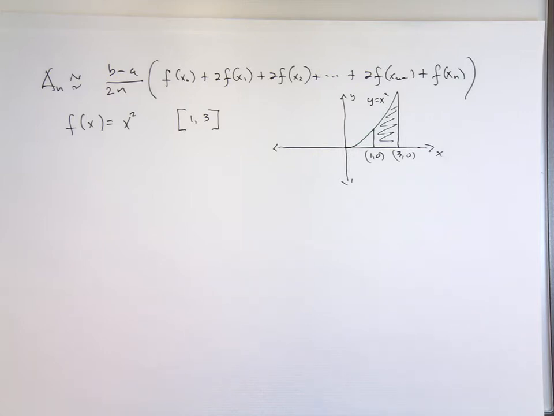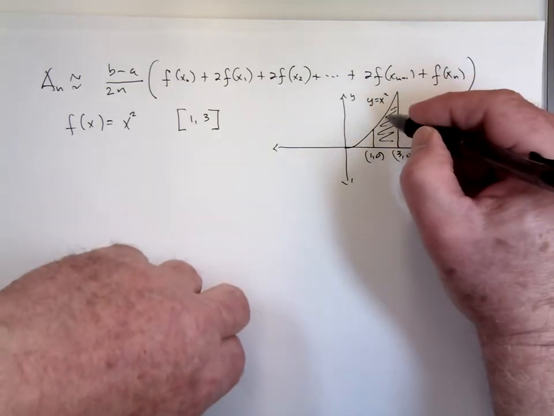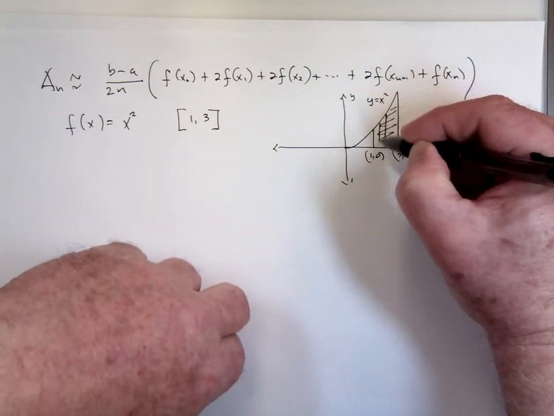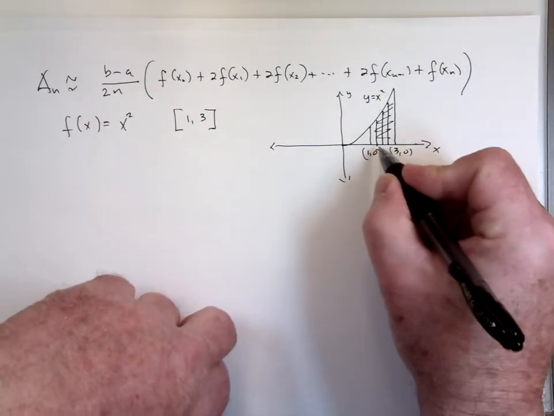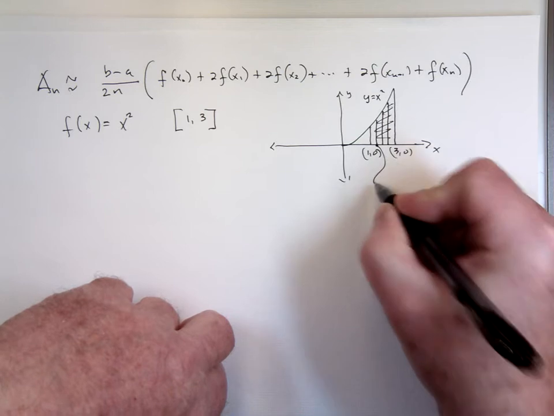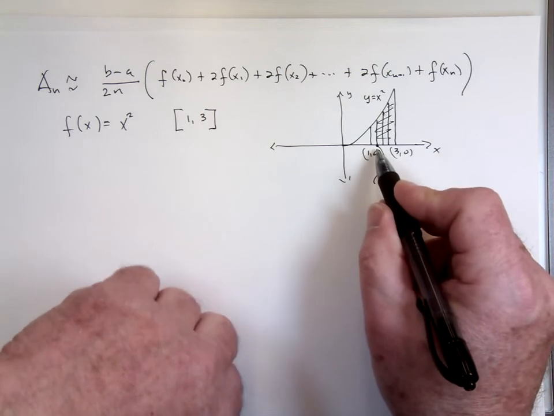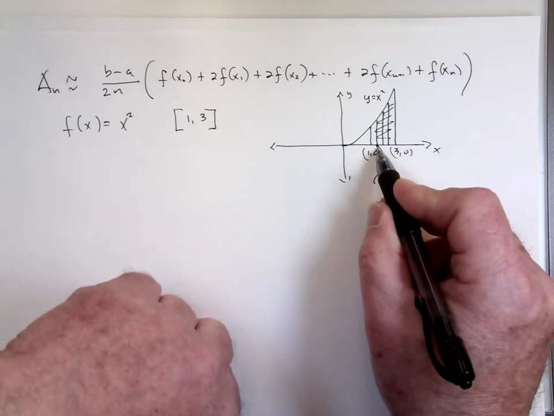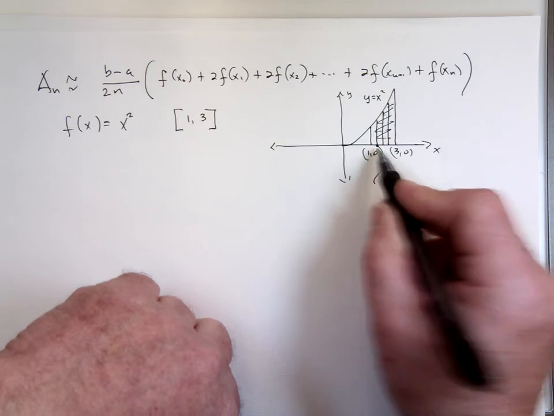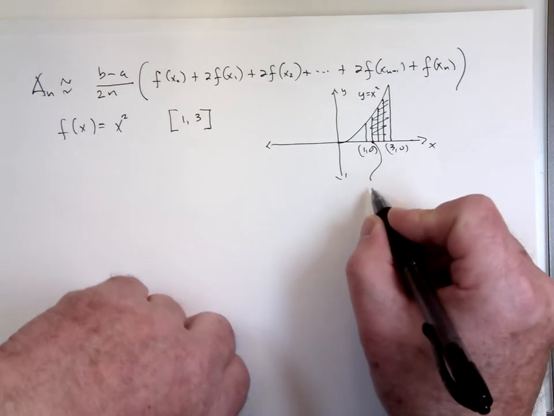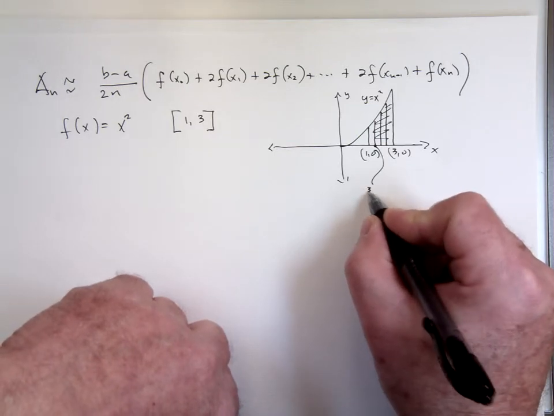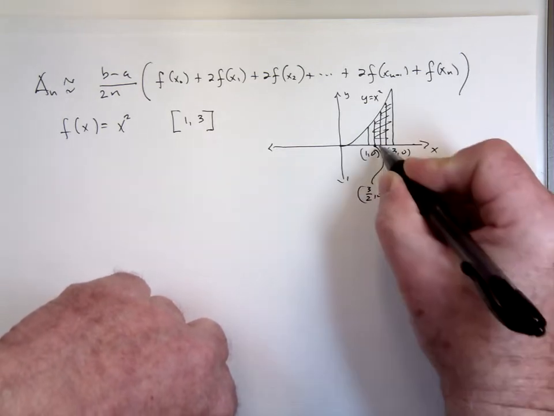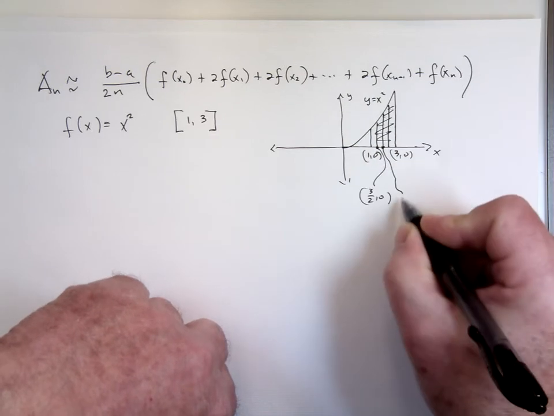Let's divide it up into 4 parts. Okay. So, here we go. This point right here, what would the coordinates of this point be? 1.5. 3 halves, 0. I like fractions better, though. 3 halves, 0. Okay. This point? 2.